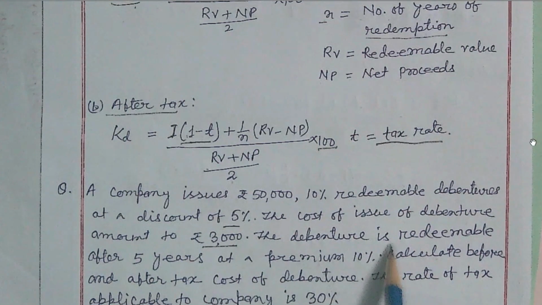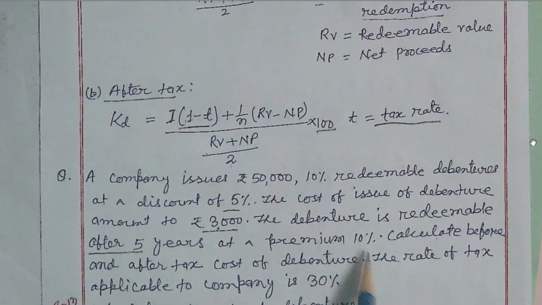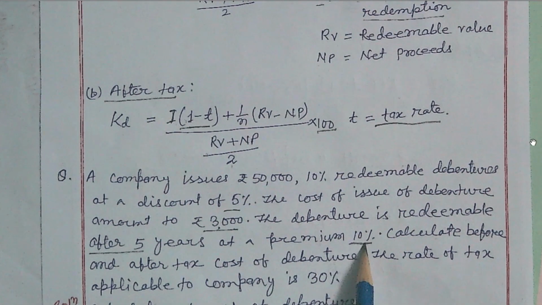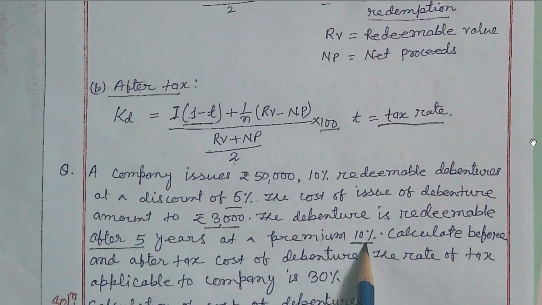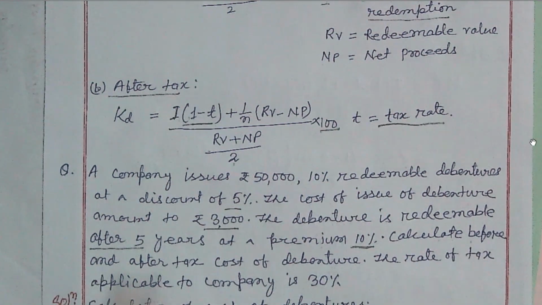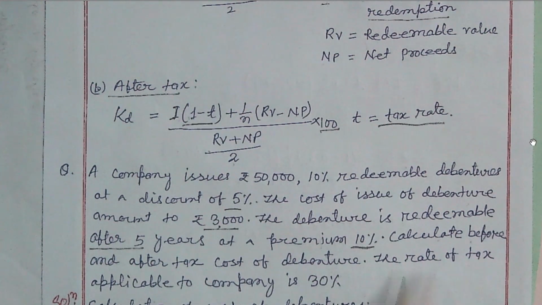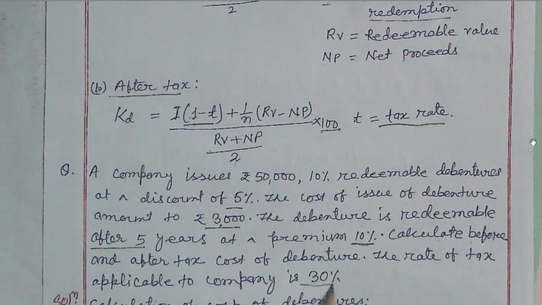The debentures are redeemable after 5 years and at a premium of 10%. So issued at a discount and redeemable at a premium. Calculate before and after tax cost of debenture. The rate of tax applicable to the company is 30%.